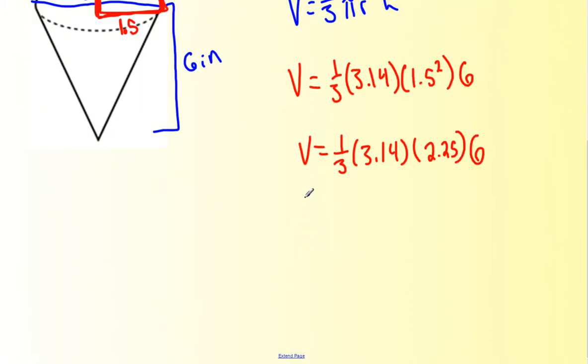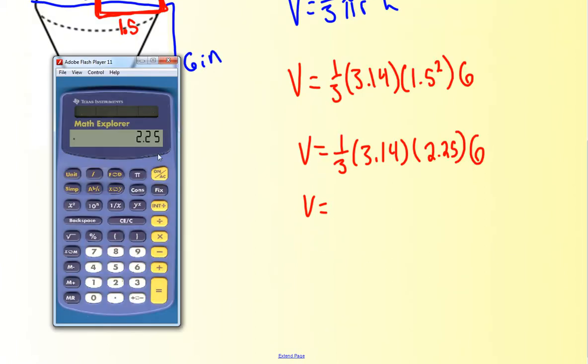Okay? We're just multiplying everything together now. So let's do this. 1/3, which is 0.3 repeated, times 3.14 equals, this calculator is stupid, times 3.14, better, times 2.25, boom, times 6, boom.